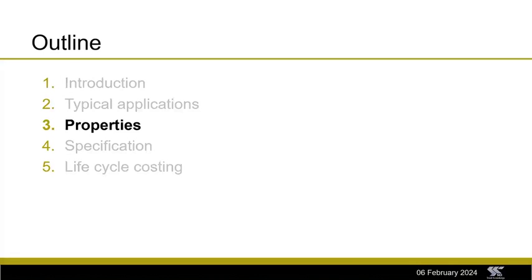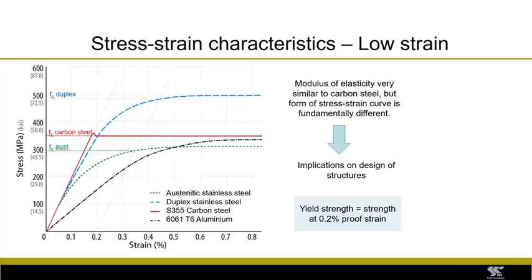Moving on to stainless steel properties now. Here are the stress strain characteristics at the low strain. In red, carbon steel, clearly a sharply defined yield point, and then a plastic plateau.